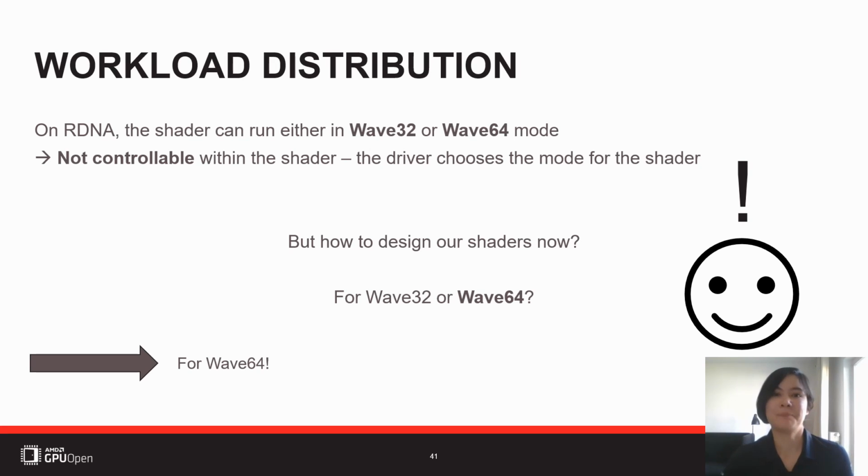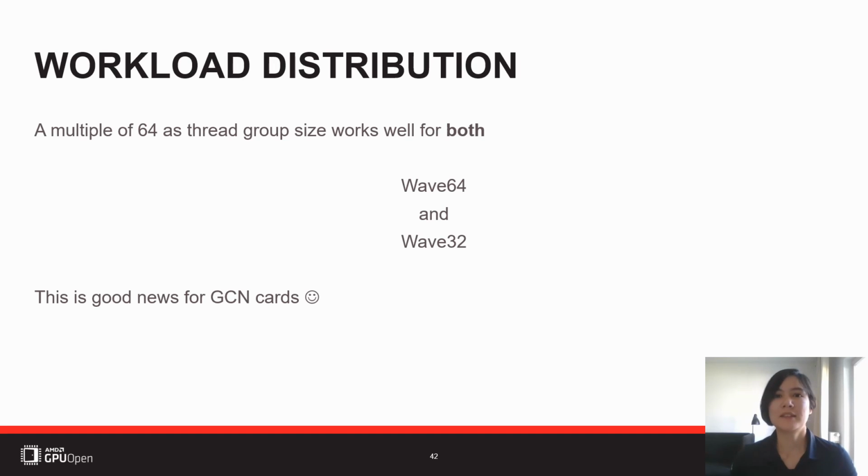This is amazing because 64 is a multiple of 32. It's still really well suited for wavefronts of size 32, and obviously also for size 64, and it will still run well on GCN. So it's good for both wavefront size modes from RDNA and also good for GCN.